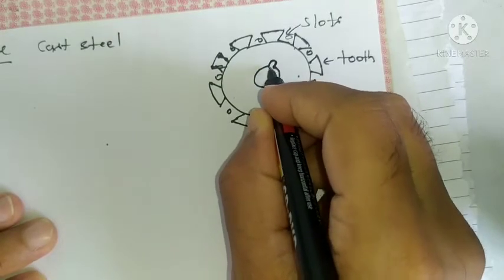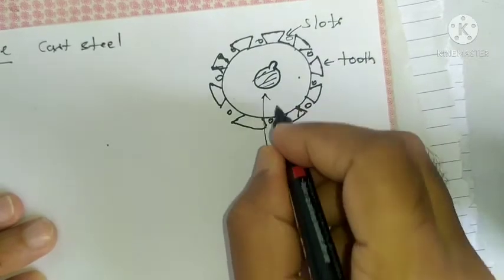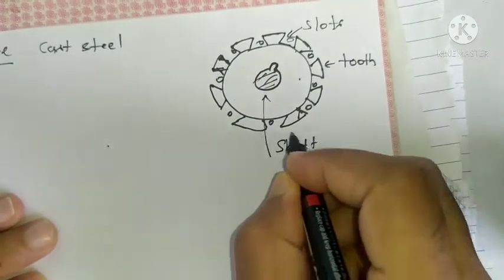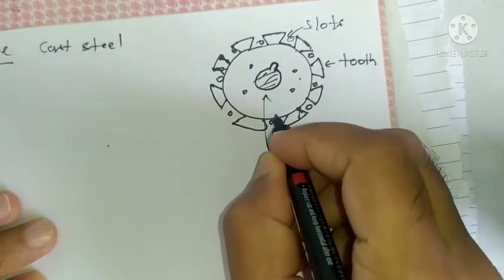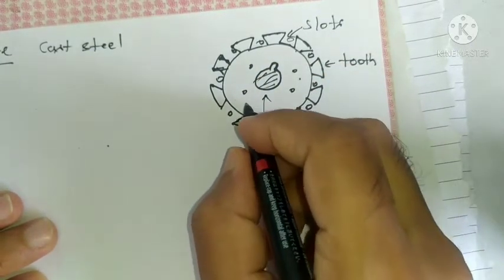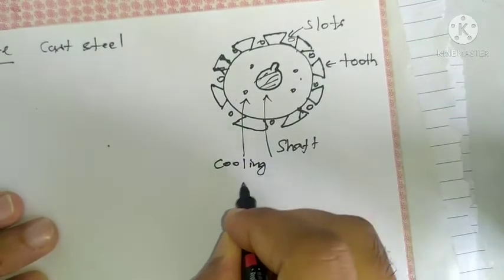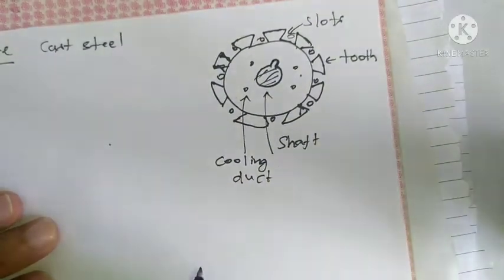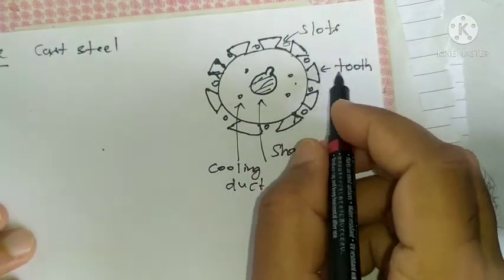This is the shaft, this is the key, and there will be some holes which are known as cooling ducts. So this is the armature having slots and teeth.